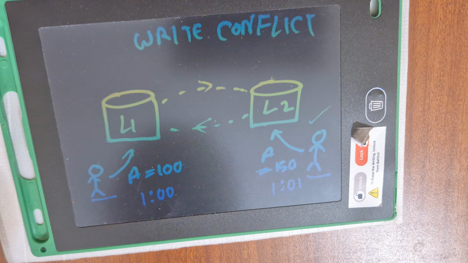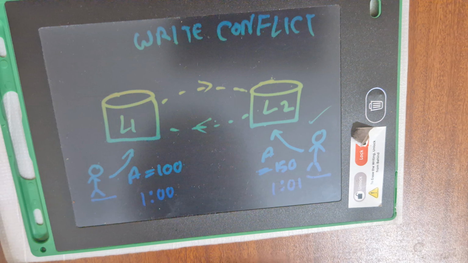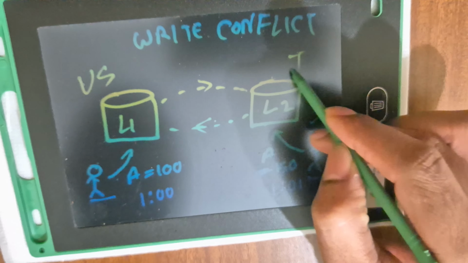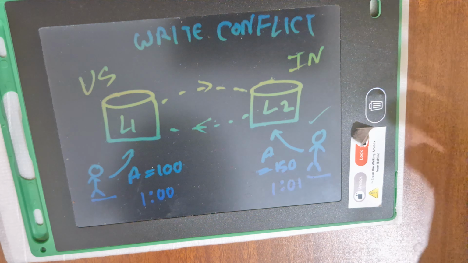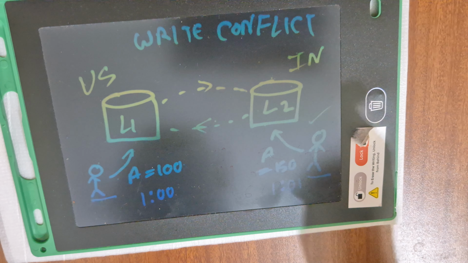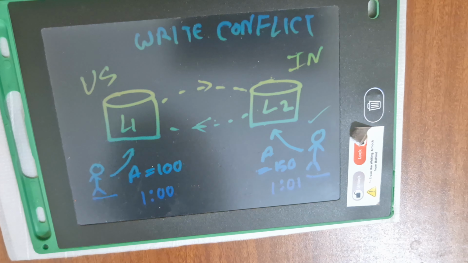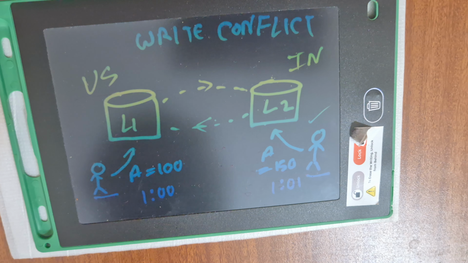But again, like I said before, using the timestamp is actually not a very good idea. Why? Because let's say this guy is in US, this guy is in India. First of all, which timestamp to take? Even if we convert the Indian time to US time, the second problem is that in the data centers, the clock actually works using quartz crystals.